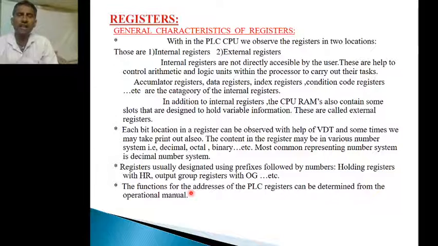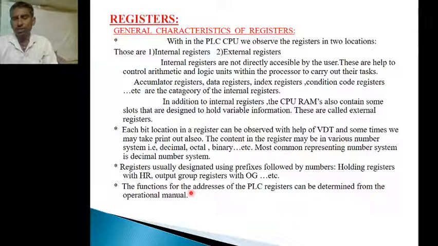Internal registers are not directly accessible by the user. These are present in the PLC itself, and they perform the arithmetic and logical operations within the processor to carry out their tasks. Accumulator registers, data registers, index registers and conditional code registers also belong to the category of internal registers. In addition to the internal registers, the PLC CPU has some external registers also.